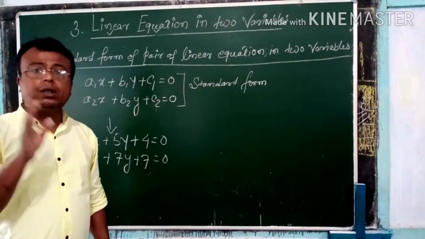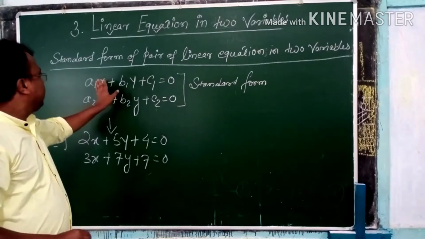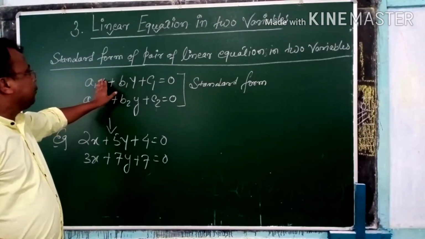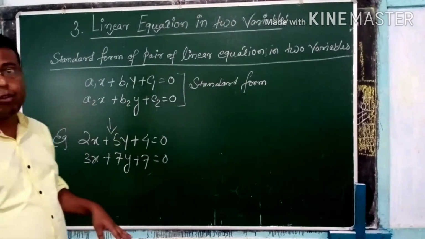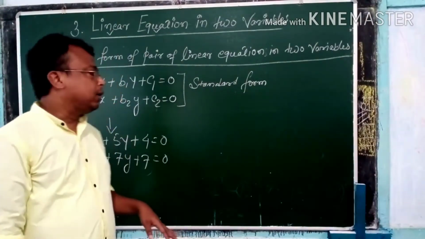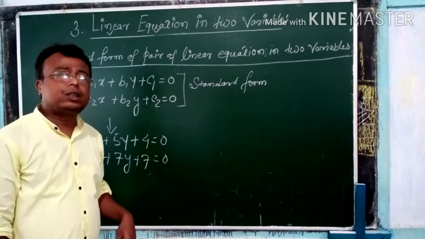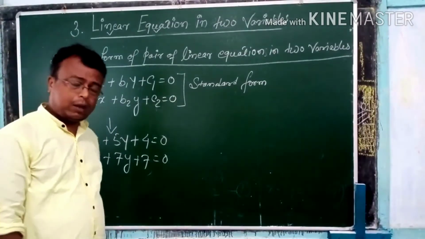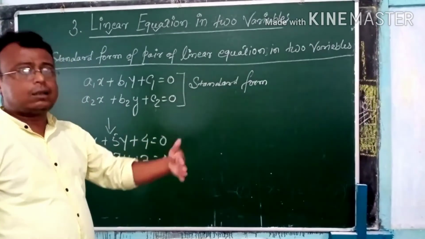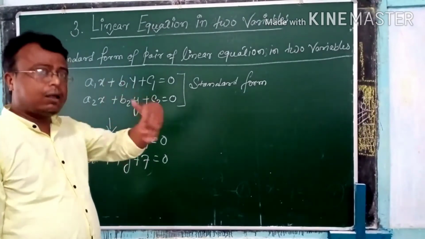Yes, they have unique solutions. Means you will get one value of x and one value of what? Y. So for that we are going to discuss four processes, that is by graphical method, by elimination method, by variable separable method, and by cross multiplication method. Okay, that one we'll discuss little bit after little bit.